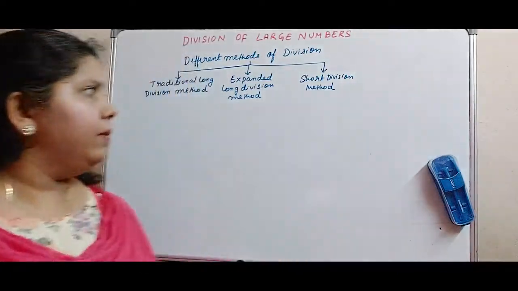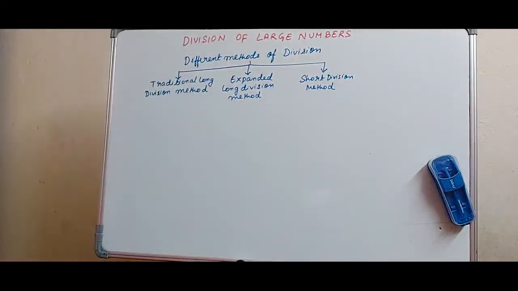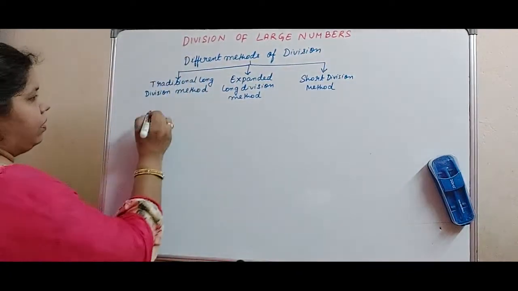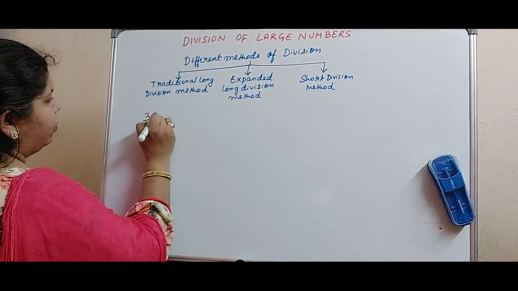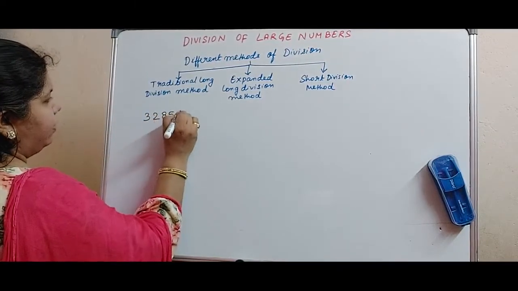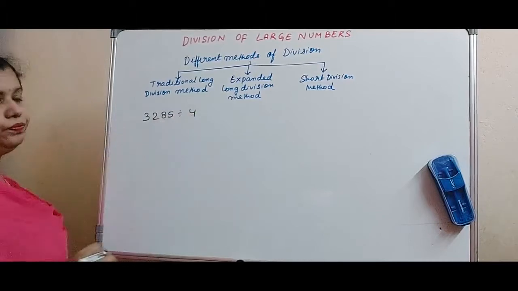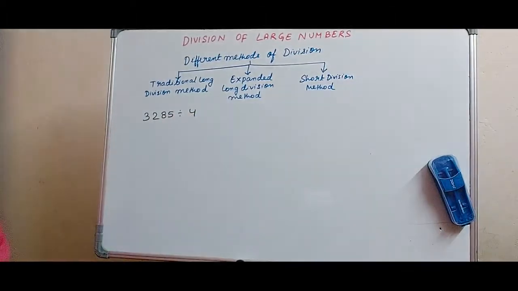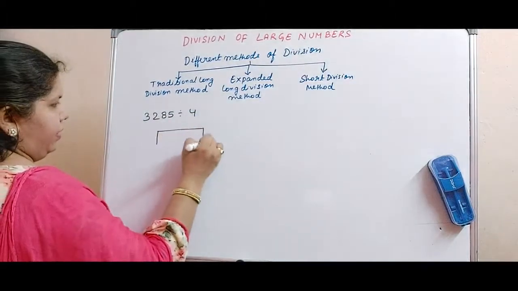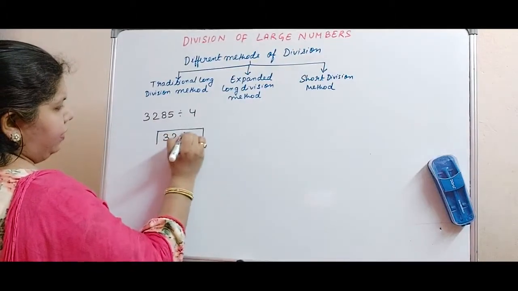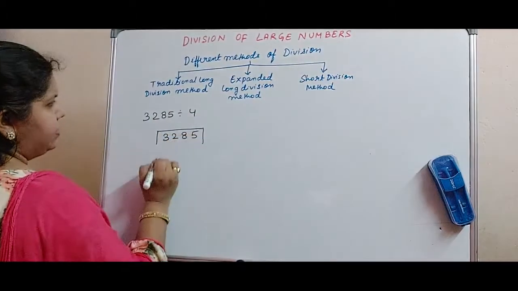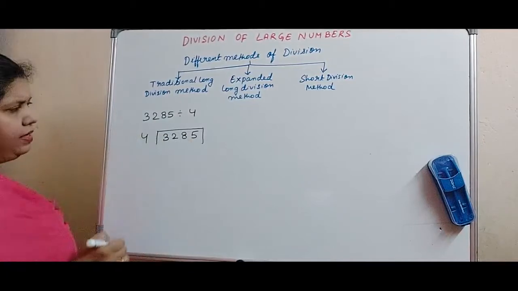Okay, for example, I have a number, 3285 divided by 4. So suppose I take 3285 in the dividend place, and 4 is the divisor.